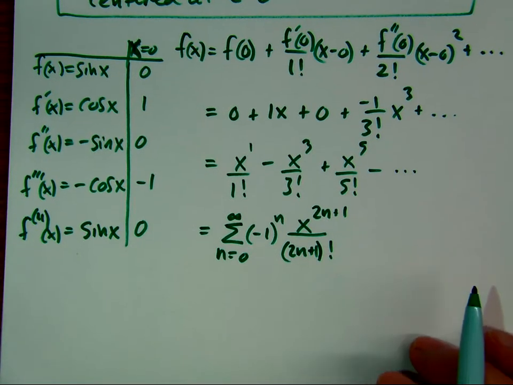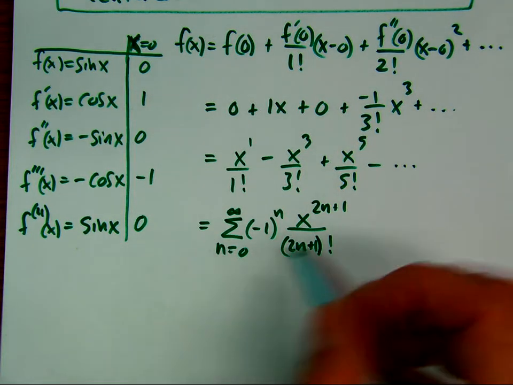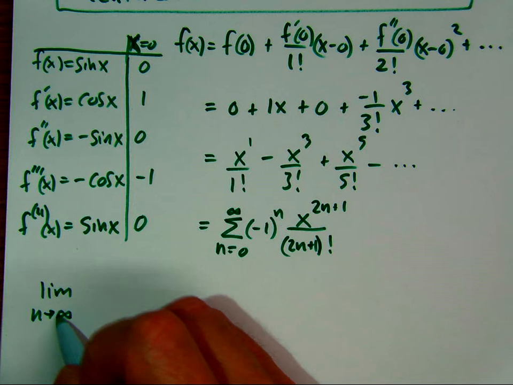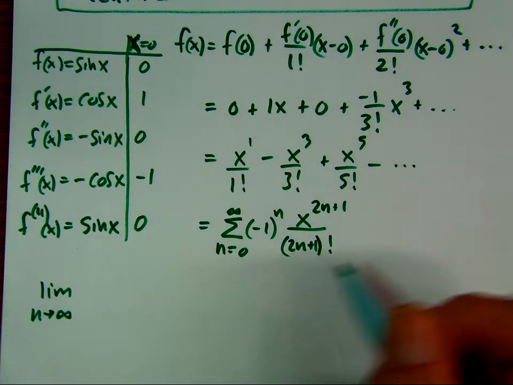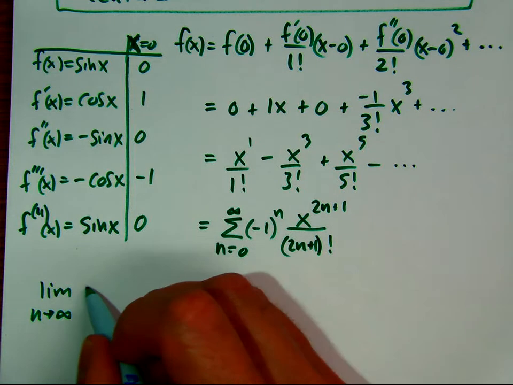And now let's see when it converges. So we'll do the ratio test. Copy everything, replace all the n's with an n plus 1.